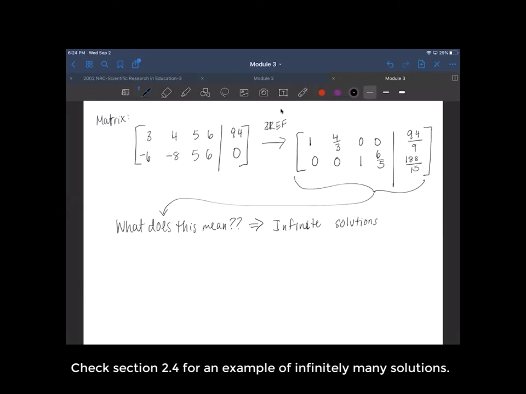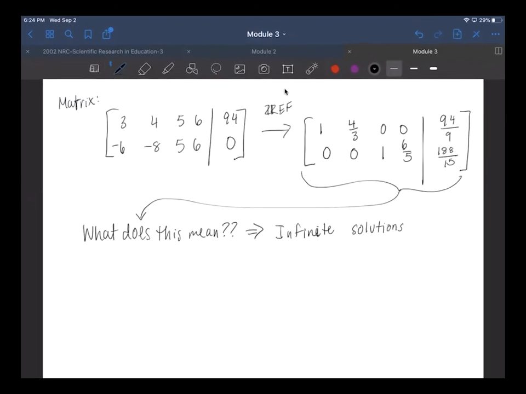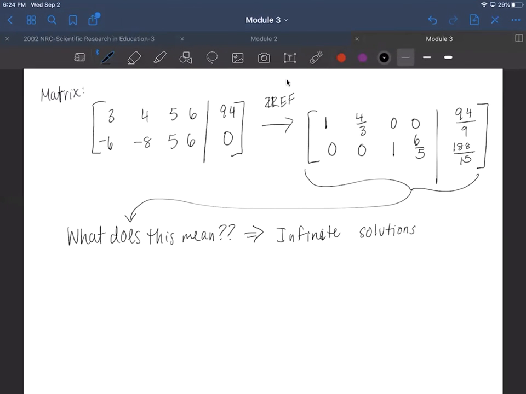All right, so to continue on with this problem, if I have an infinite amount of solutions, let's rewrite this matrix now as a linear equation. So this is W, X, Y, Z. If you forgot, we ended up with W plus 4/3 X equals 94/9.